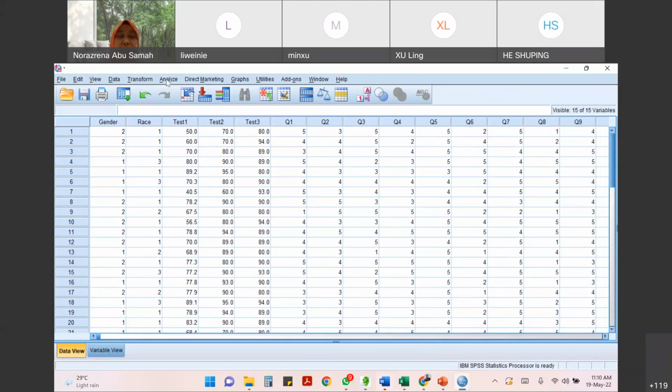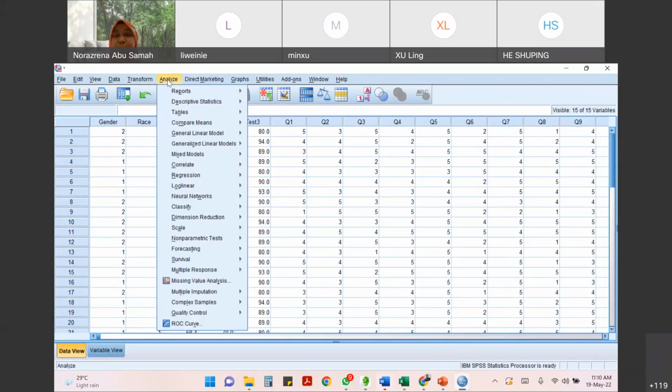And then to analyze, it's here, analyze. First thing first, if your data is ratio or interval, you have to run the normality test. So analyze, descriptive statistics, explore.